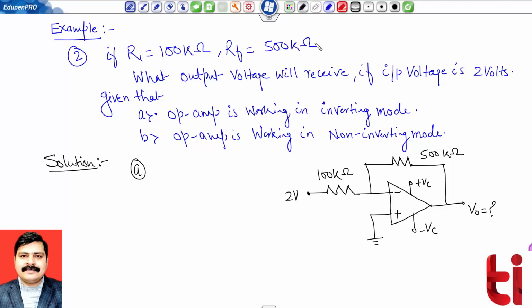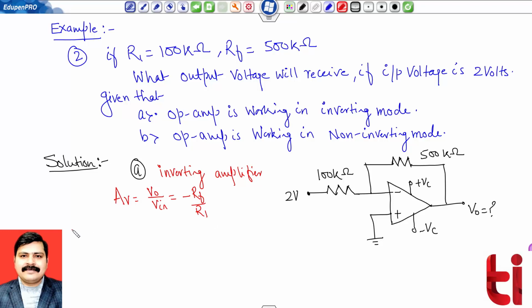You can recall, for an inverting amplifier, output voltage V0 divided by input voltage Vin equals minus Rf upon R1.